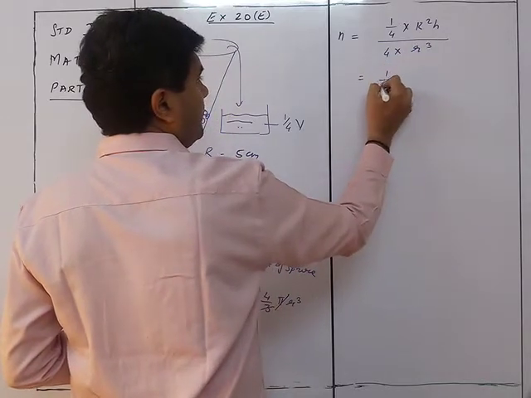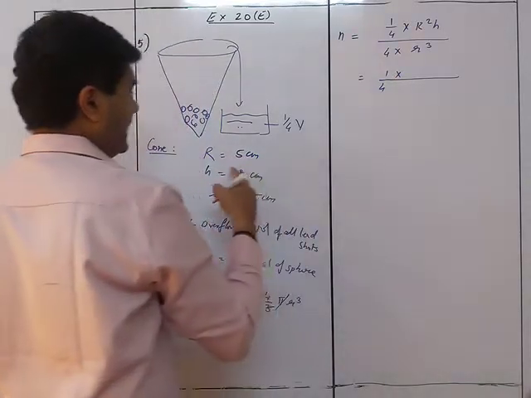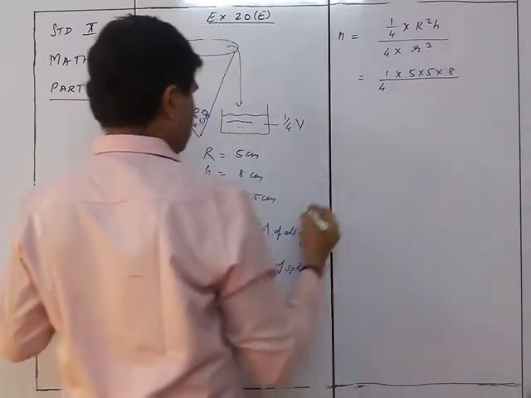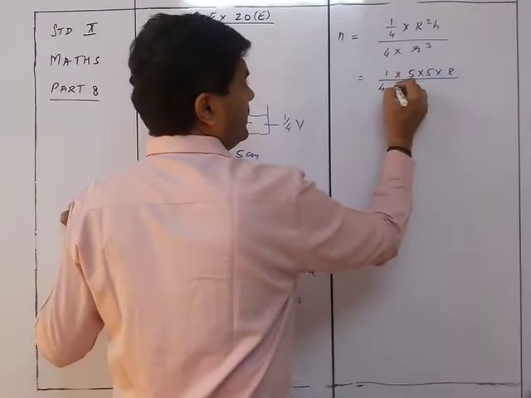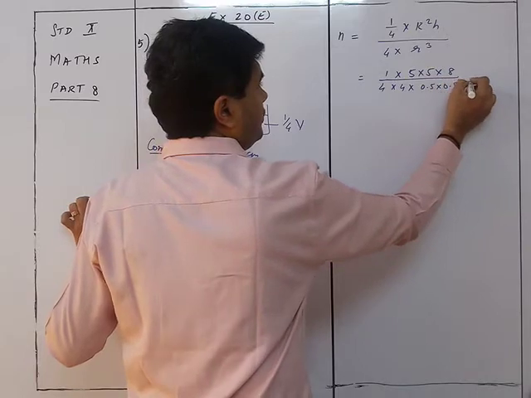That will be 1/4 into R square, which is 5 into 5 into 8, upon 4 into 0.5 into 0.5 into 0.5.